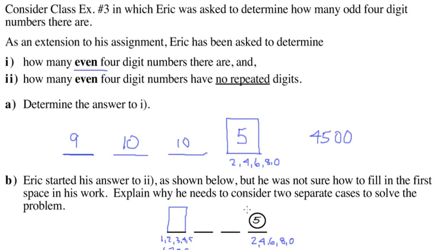Also, we can't repeat the digit that was over here. But wait, what if it was 0? If there was a 0 here, then we wouldn't need to worry about it because we couldn't use 0 anyway. If it's 2, 4, 6, or 8, then we couldn't duplicate that number and we'd only have 8 choices here. You can't really work both of those restrictions at the same time.